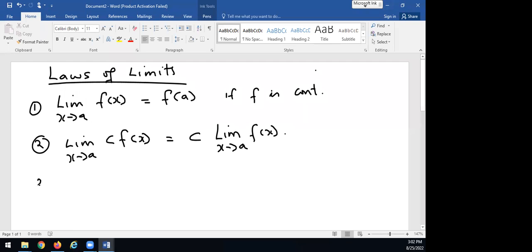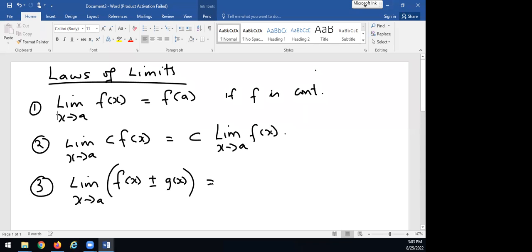Number three, if you have the limit as x approaches a of f of x plus, it can also be minus, I want to merge them together, f of x plus or minus g of x, then you can also split them.